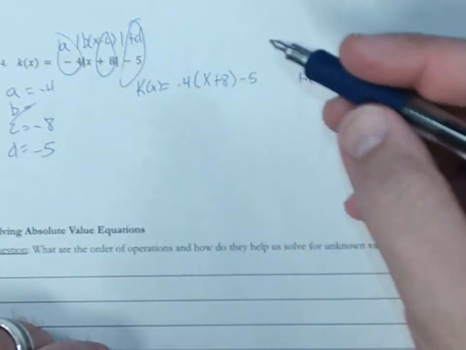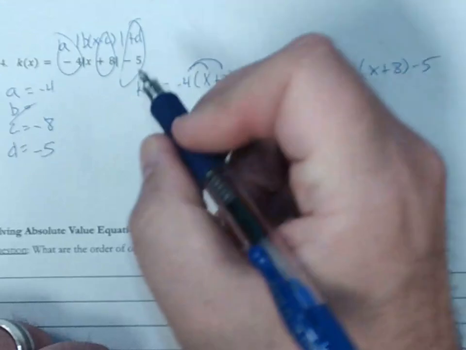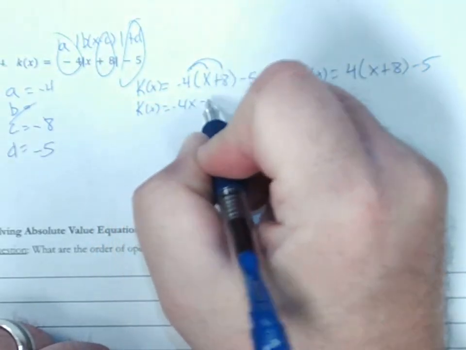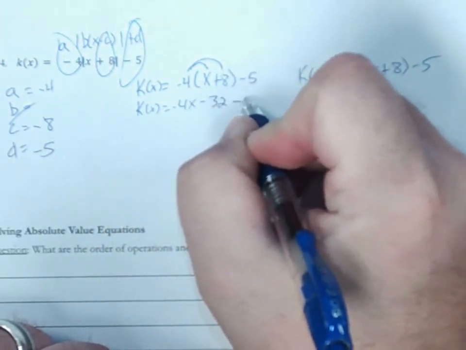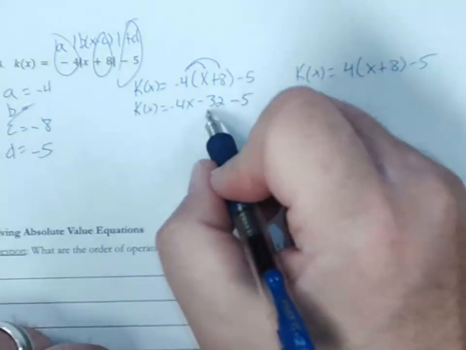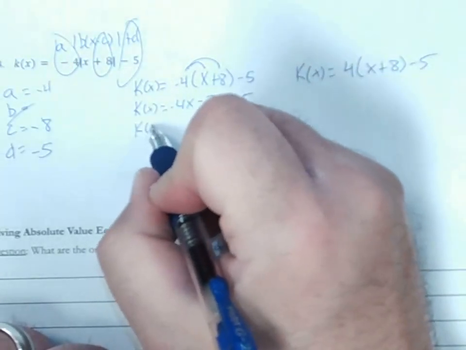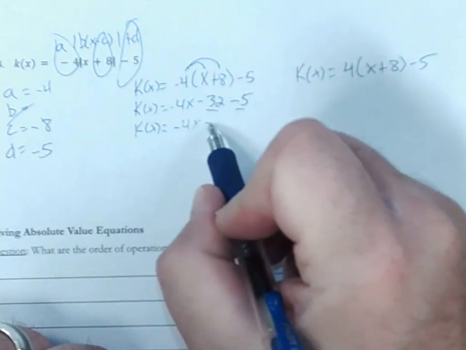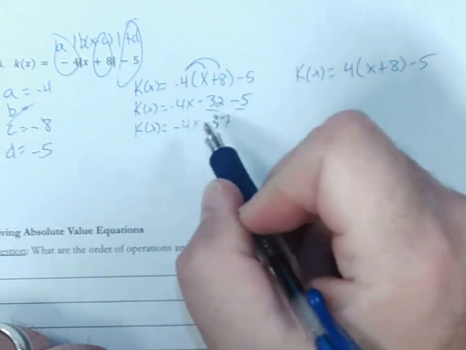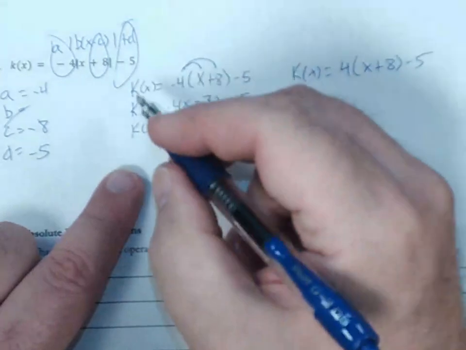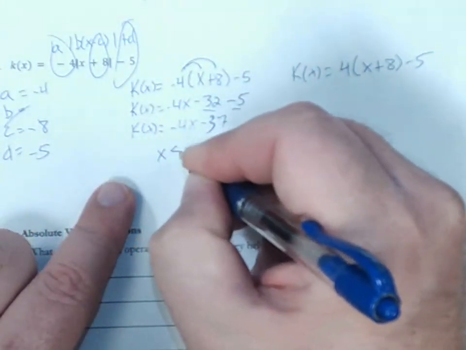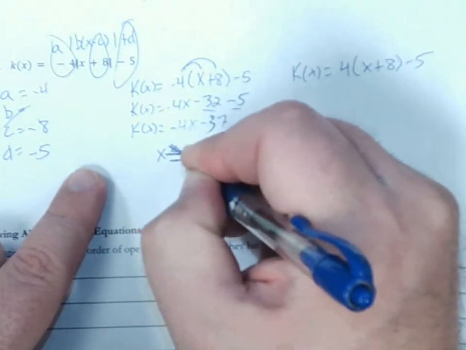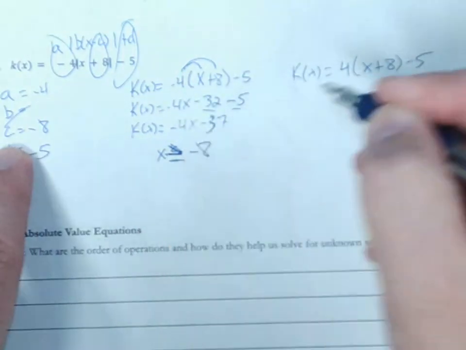So let's follow a little PEMDAS here. We're going to distribute the negative 4. So k of x equals negative 4x minus 32 minus 5. And then I'll put my like terms together. So k of x will equal negative 4x minus 37. And since this is the one I didn't change, I will put the x's should be greater than or equal to the c value of negative 8.